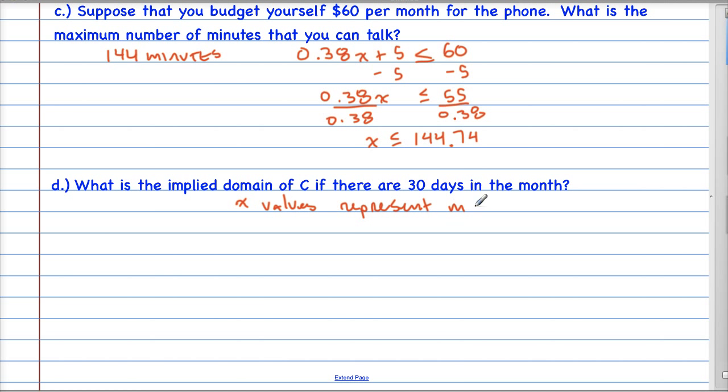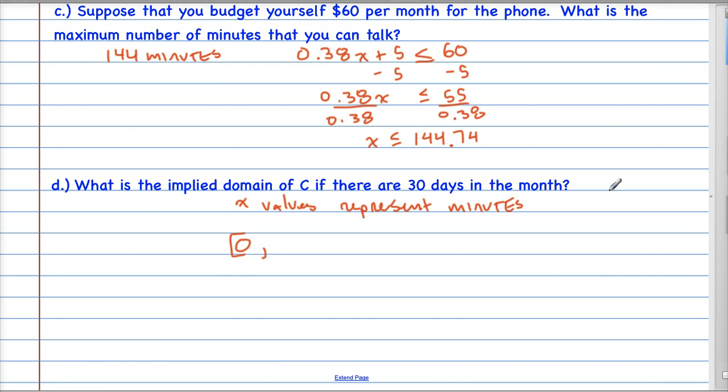So if we were being very specific, we could say that the implied domain goes from 0. So I could say I'm not talking on the phone at all. So 0 would be the start of my interval. And then it's minutes. So how many minutes total are there in a month?